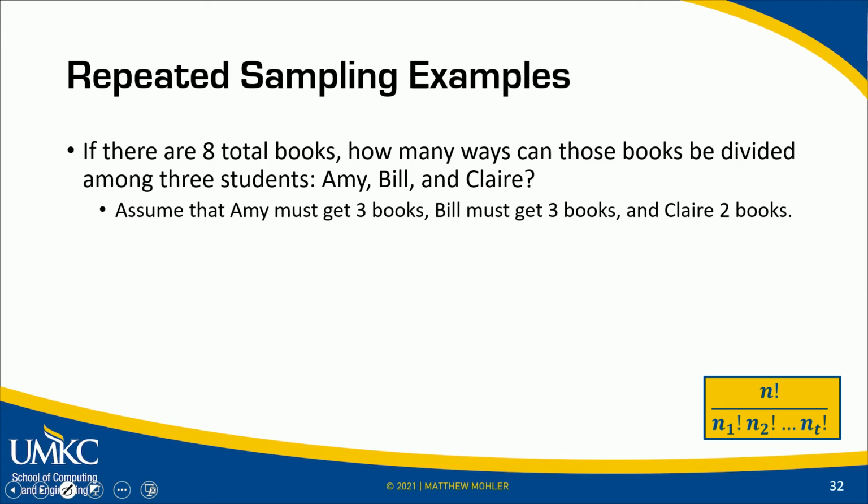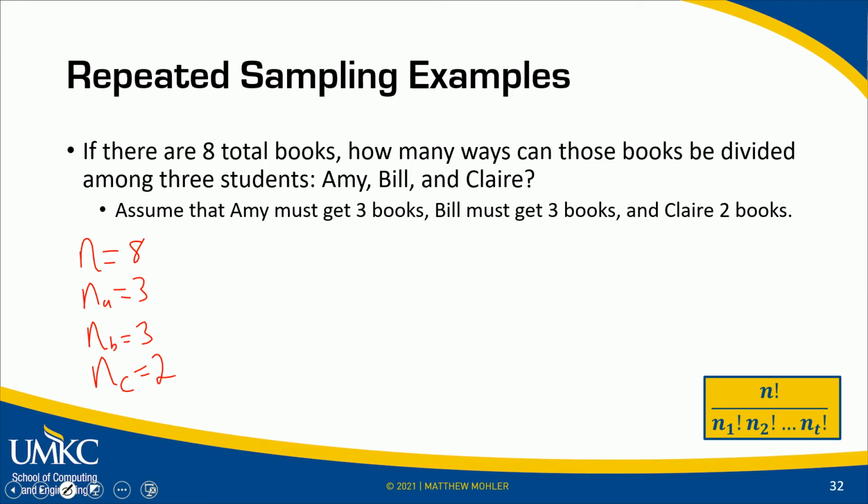So in this case, the way that we would look at this problem is, how many total books are there? There's 8. Well, n is equal to 8 then. N sub A, or the number of books that Amy will get, is 3. N sub B, or the number of books that Bill will get, is also 3. And N sub C, or the number of books Claire will get, is equal to 2.